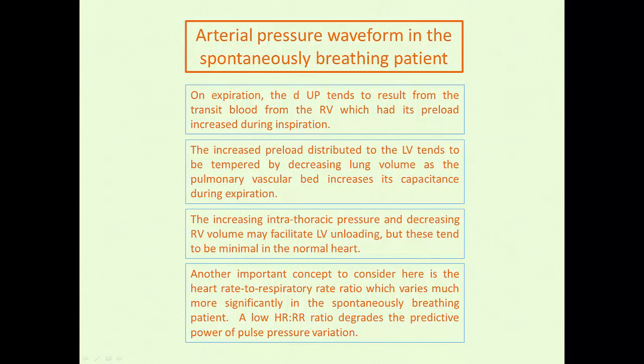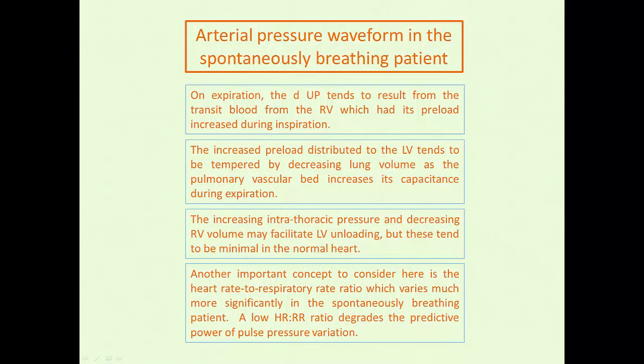If the respiratory rate goes way up relative to their heart rate, then that D up, D down changes, because remember that the pulmonary transit time is 2 to 3 cardiac cycles regardless of your inspiratory time and your expiratory time.